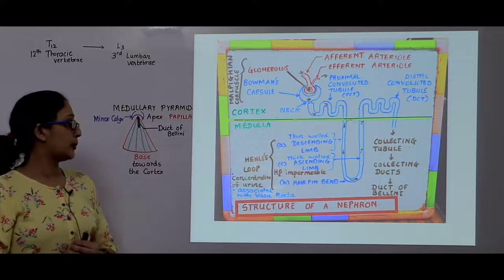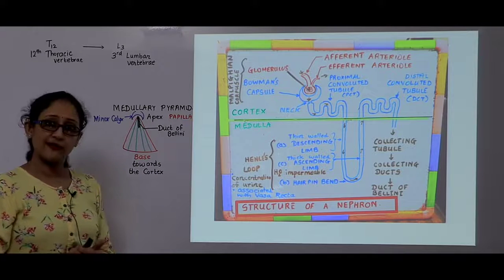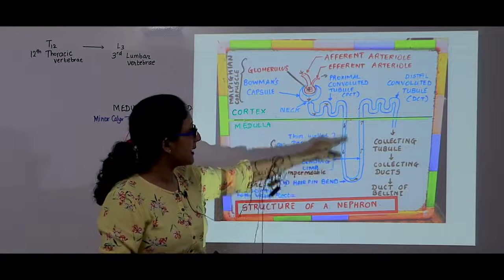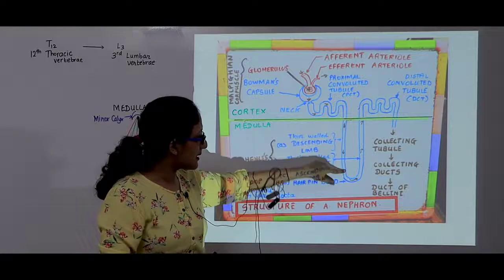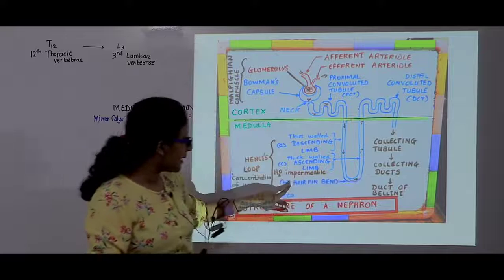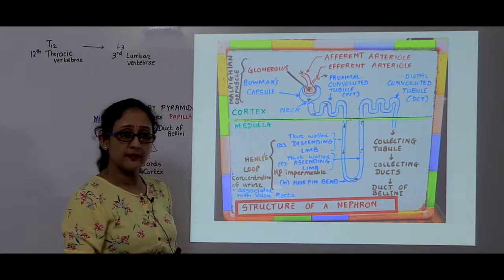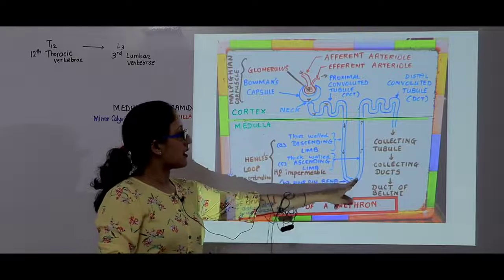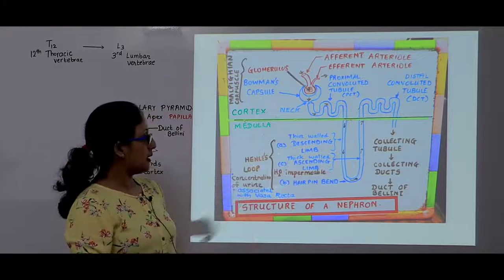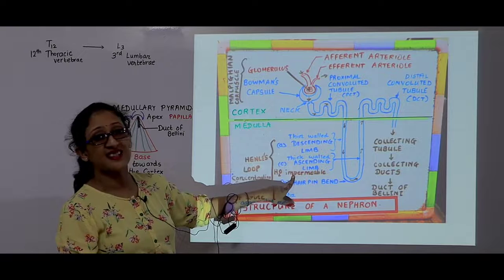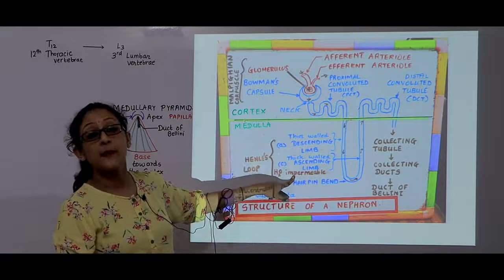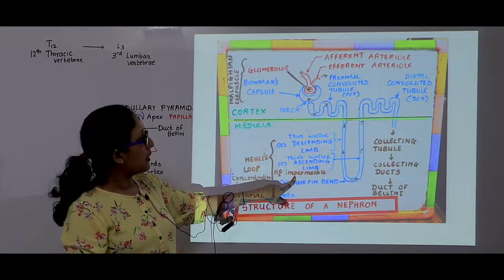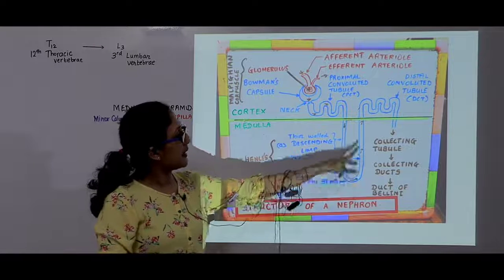The Henle's loop consists of a thin walled descending limb. It consists of this turn called the hairpin bend. It consists of a thick walled ascending limb, and only the thick walled ascending limb, it is thick, so it is impermeable to water.